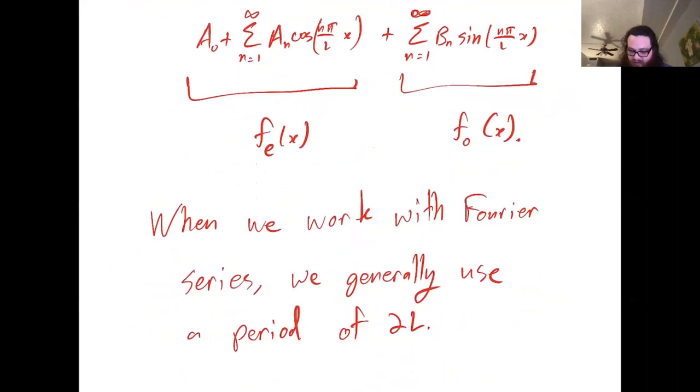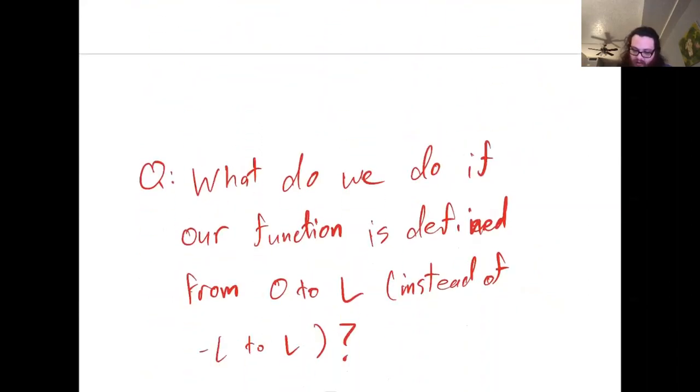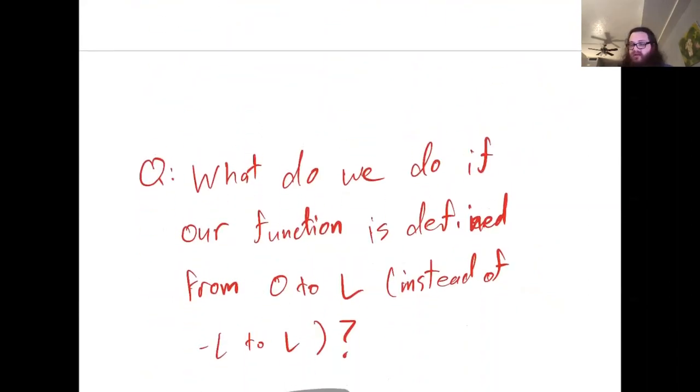So one question, which appeared earlier in the course, is this: we were given a PDE on the interval 0 to L, and we said, let's solve this. Then we got sines and cosines depending on the boundary conditions.